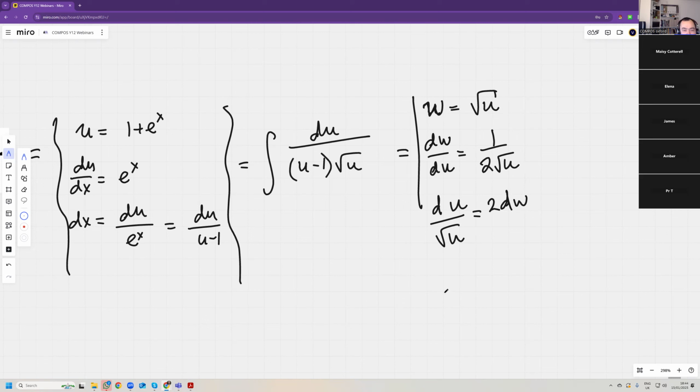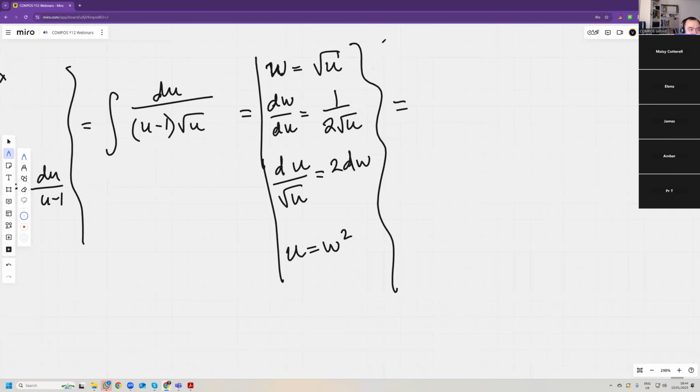And u is equal to w squared. Ooh, that is a beautiful integral. So the integral of du over square root u is just 2dw, and u minus 1 is w squared minus 1.